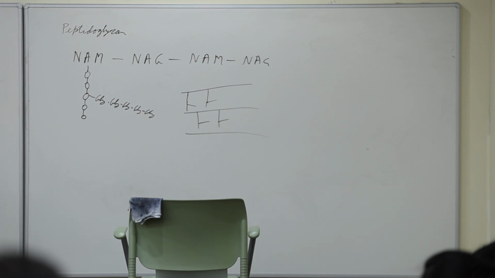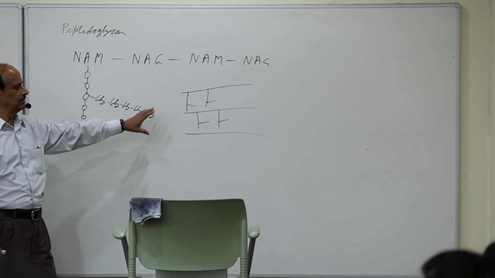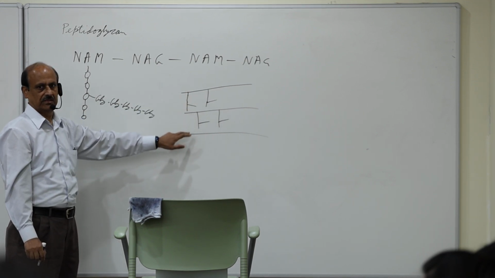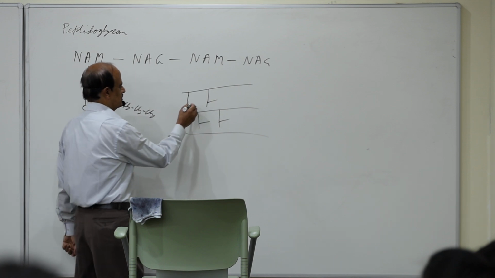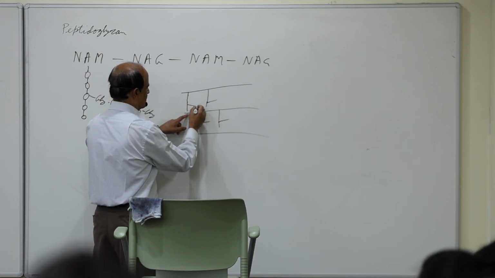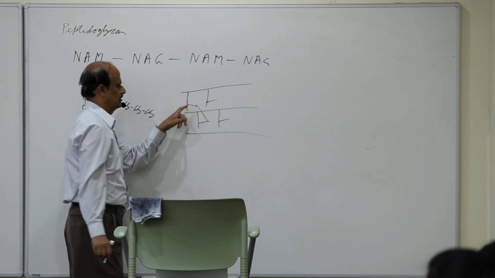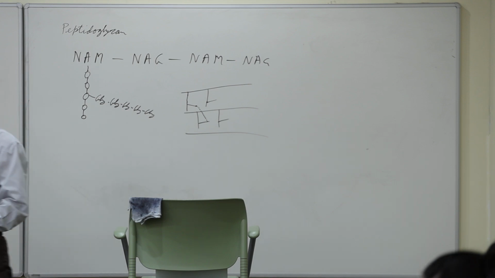And there is another step that the bacteria do to make the cell wall more strong. They cross-link these chains. So this glycine comes close to this one, and let's say it forms a peptide bond here. I'm drawing a long dotted line, but those are close to each other to form a peptide bond.